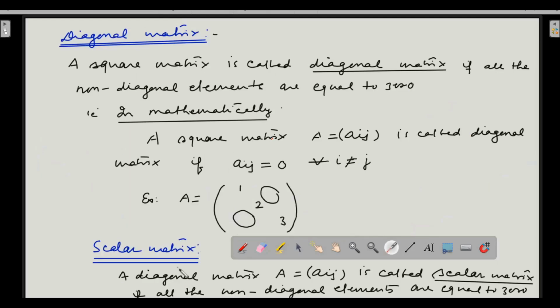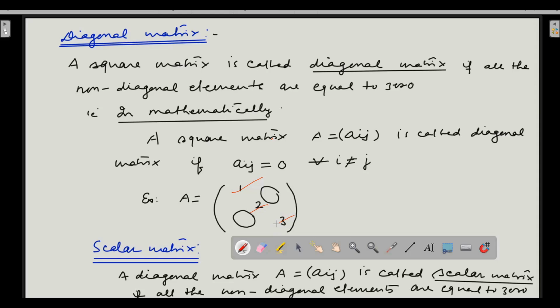Have a look once again. It will be a diagonal matrix, but it will be called a scalar matrix if all the three diagonal elements are equal, but not equal to 1.